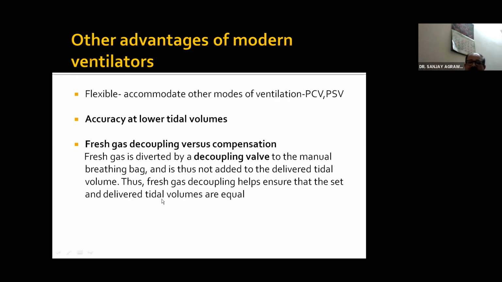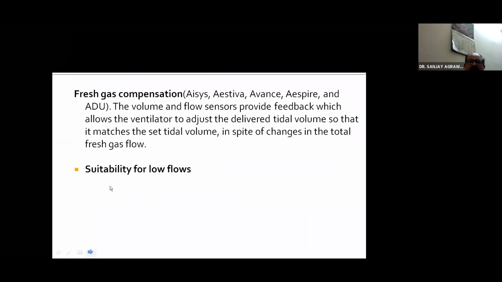Fresh gas decoupling is present in the Drager machines. In ACES, Estiva and GE machines, the same principle is achieved by something known as fresh gas compensation. And this has made them more suitable for use whenever we are using very low flows, for low flow anesthesia.